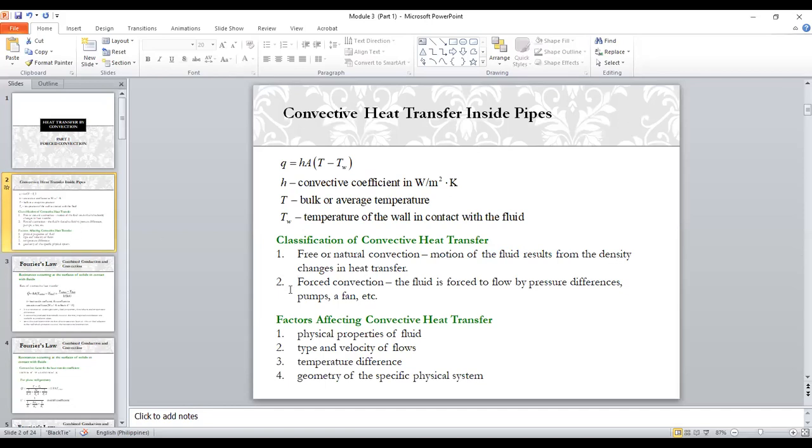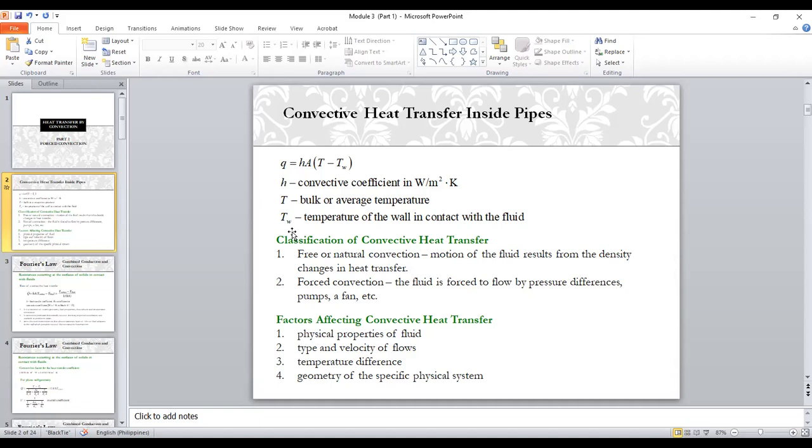Now, again, there's a reiteration in this slide as to the basic formula for convective heat transfer. So you have the H, you have the bulk temperature or the average temperature, and you have the wall temperature T sub W. The way I represented it here, class, the subscripts for the T's is the way it is represented in Geankoplis.